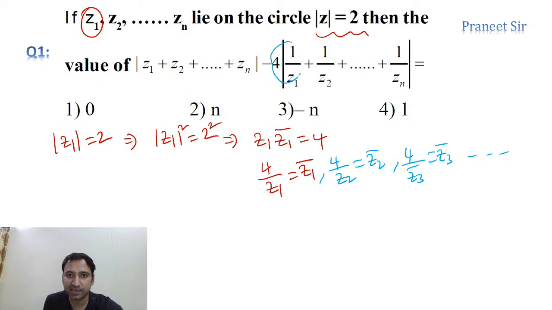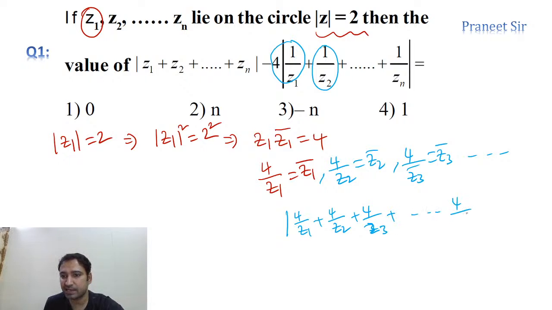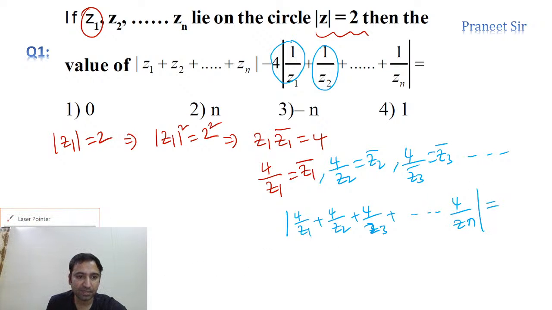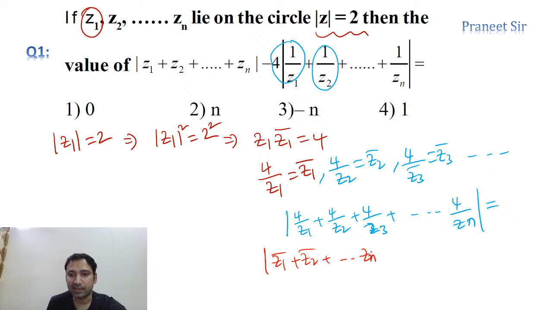Because here 4 by Z1 is there, here 4 by Z2 is there, since when we bring this 4 inside, there is a 4 inside each term. So what we're getting is mod of 4 by Z1 plus 4 by Z2 plus 4 by Z3 plus so on up to 4 by Zn is equal to, we can write it this way, modulus of Z1 bar plus Z2 bar plus so on up to Zn bar. Can I write it like this? So what is the answer, guys?